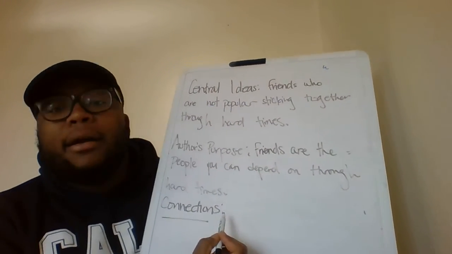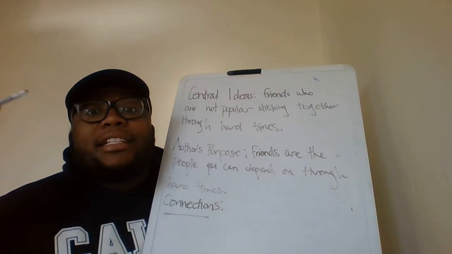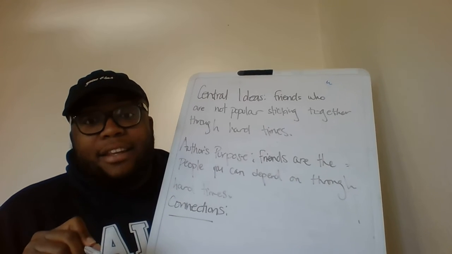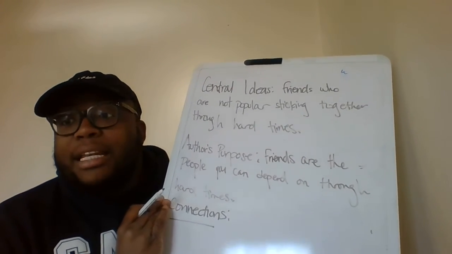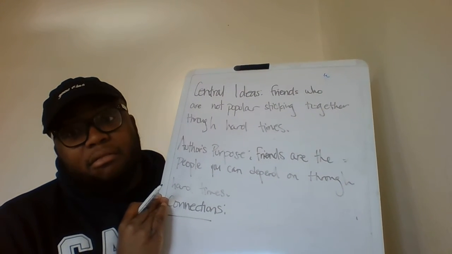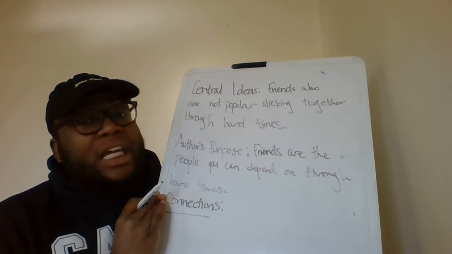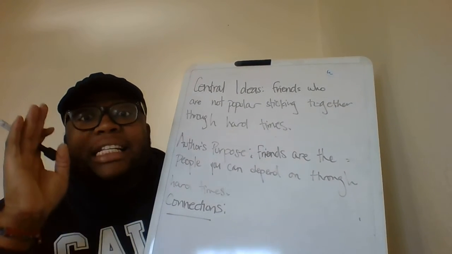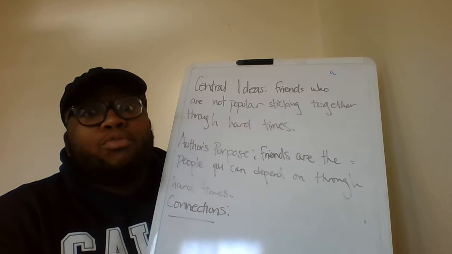But if you look at the connections, there is a textual connection. What was that text connection to? The textual connection was to Shakespeare. Okay? Shakespeare was the textual connection because she references Henry the Fourth. Okay? Henry the Fourth was referenced in the text.